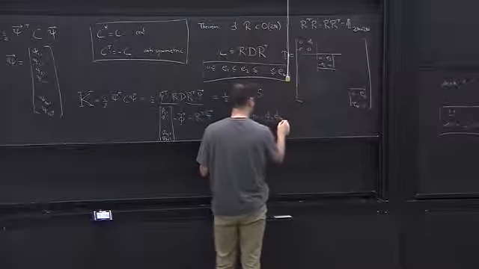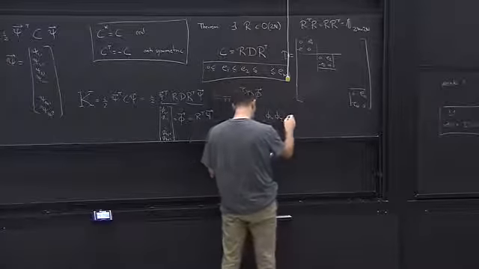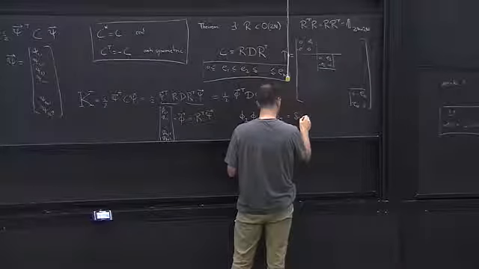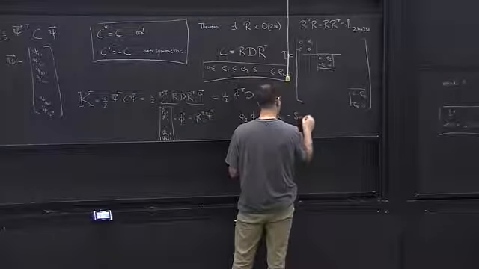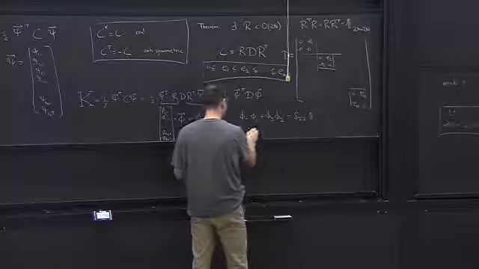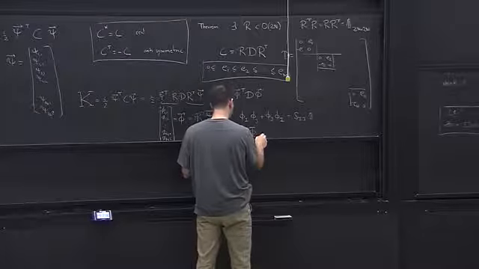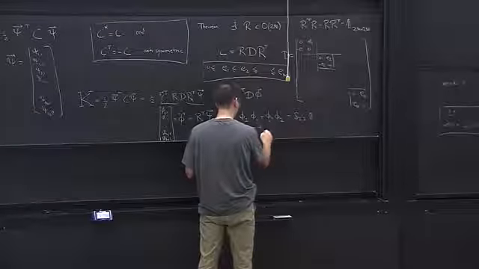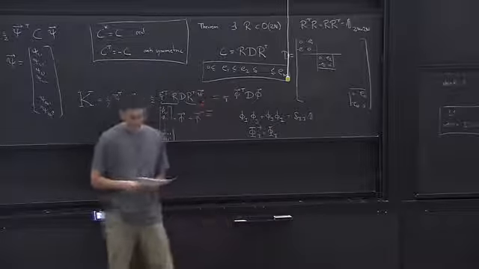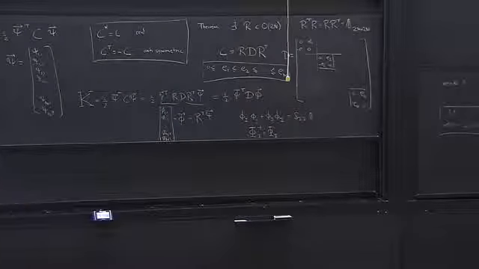This is something you can check. It follows from the anticommutation properties of the original modes. And we also have that they are Hermitian. So this is the equivalent of a canonical transformation.